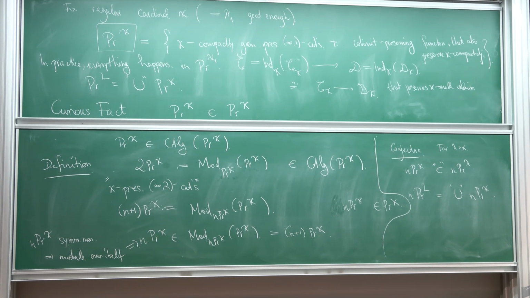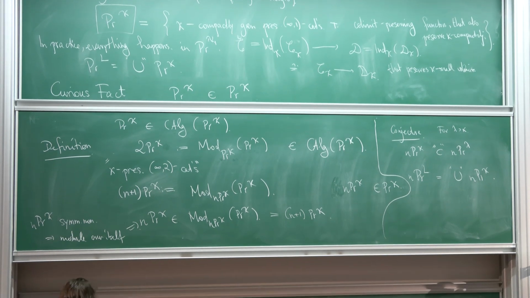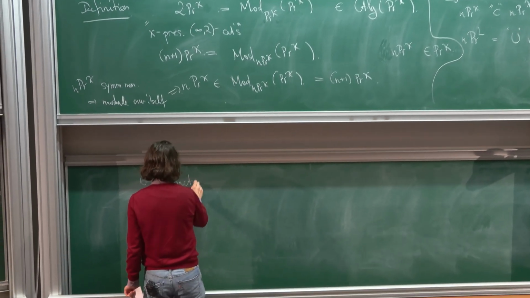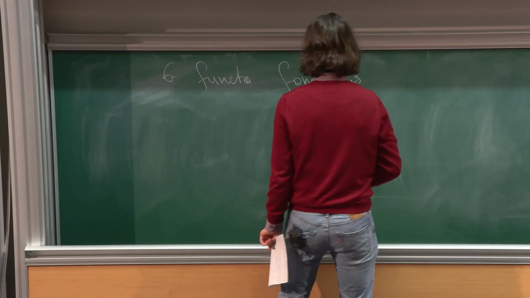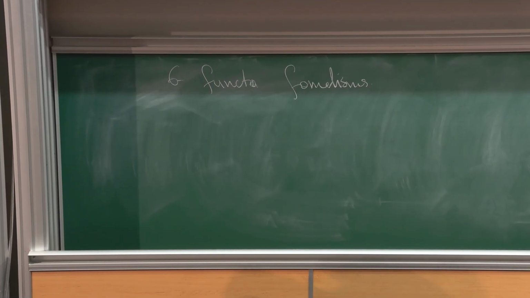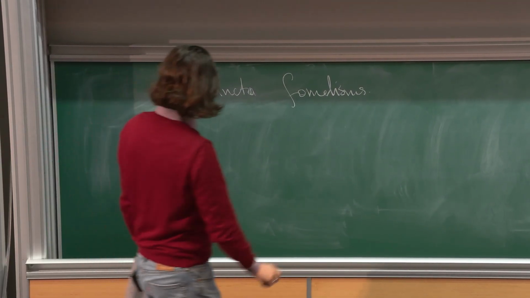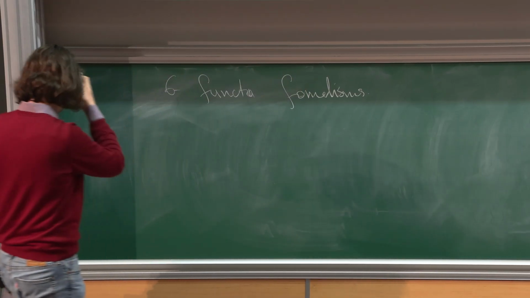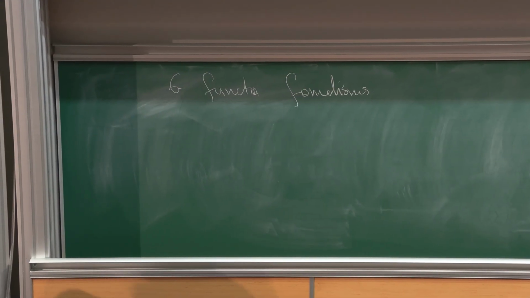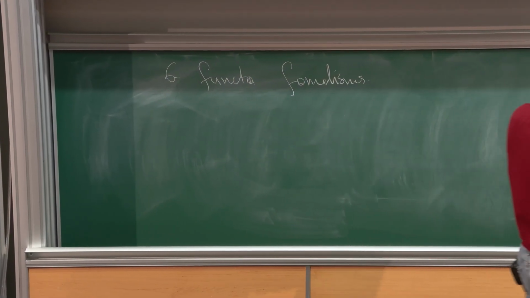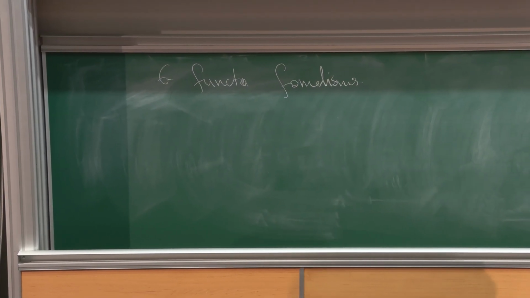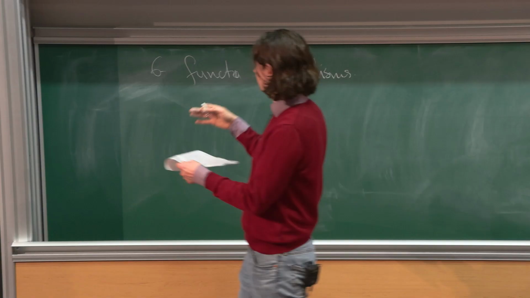So why did I say all that? Because we're really interested in six-functor formalisms, and six-functor formalisms have these pullbacks, these exceptional push forwards, compactly supported cohomology functors, and so on. And they should satisfy base change formulas and so on and so forth.